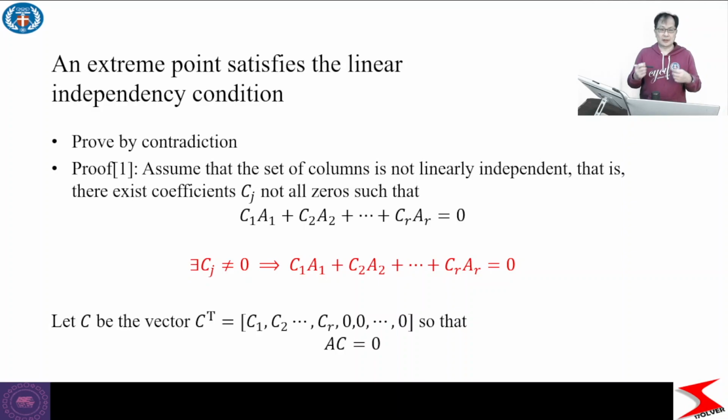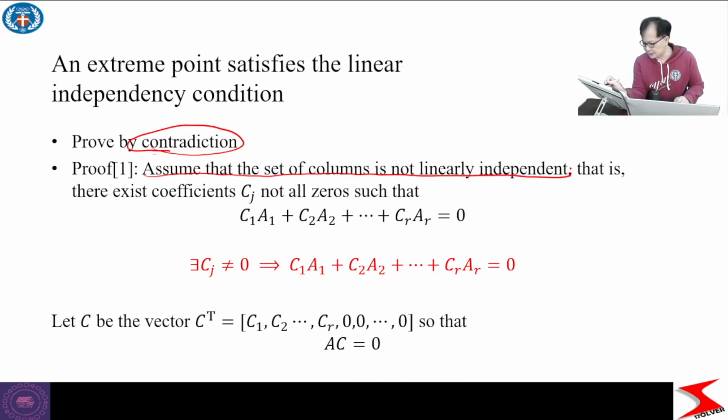Okay, so the concept is we try to use contradiction to do the proof. Okay, so we do the only if part. The first part of the proof is we assume that the columns are not linear independent, because we try to do it by contradiction.